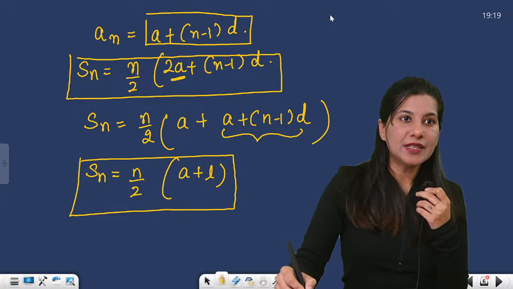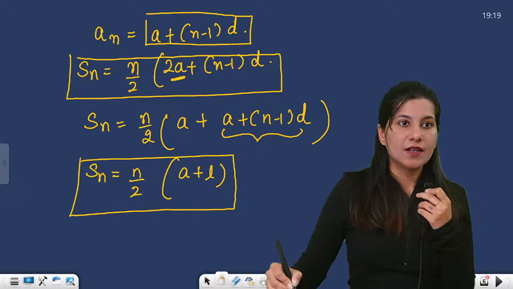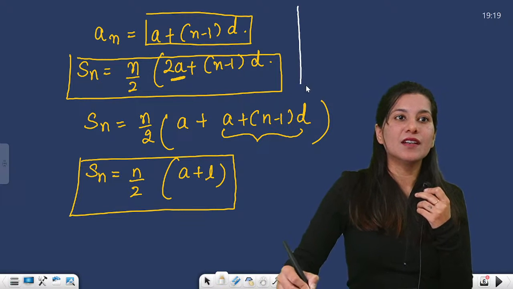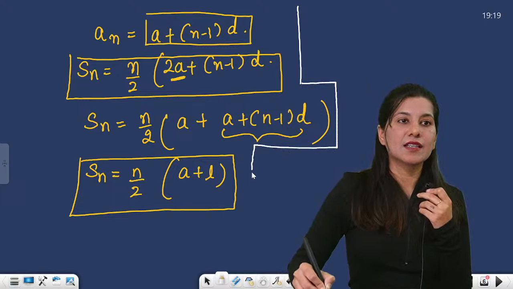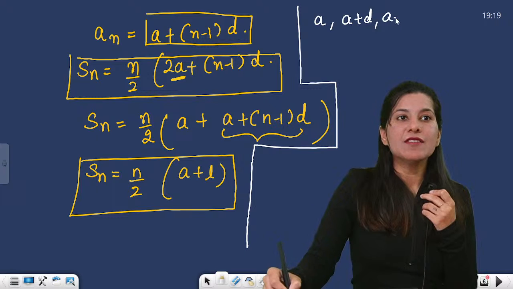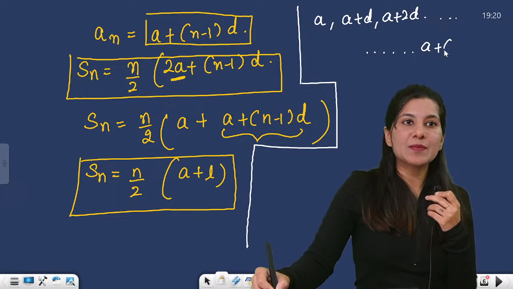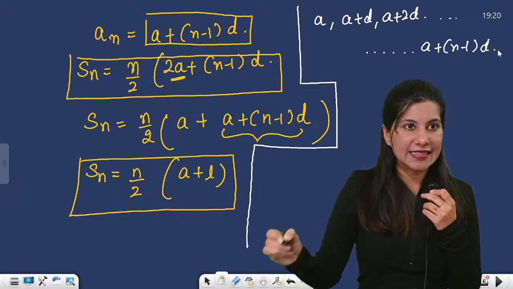Let me just show you. We have a, a plus d, a plus 2d, and all the way up to the last term, a plus n minus 1 d. Clear?